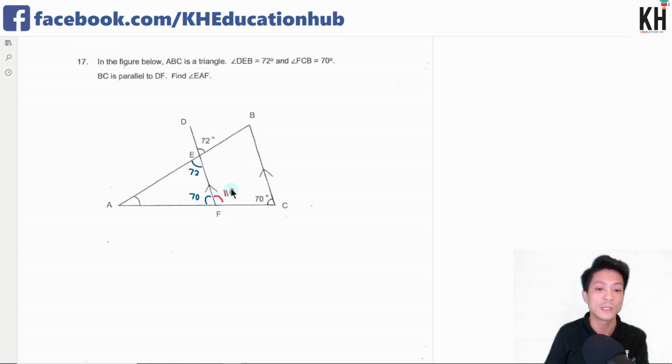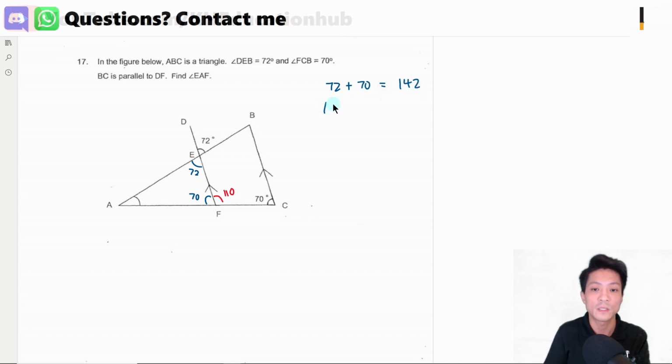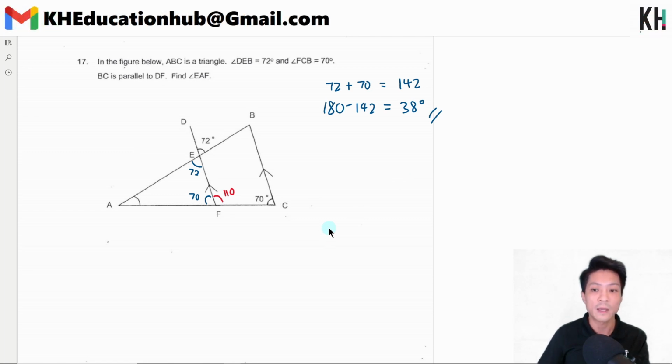So angle on a straight line, 180 minus 110 will give you back the 70. So 72 plus 70 will give me 142, and 180 minus 142 will give me 38 degrees. This is the answer for angle EAF.